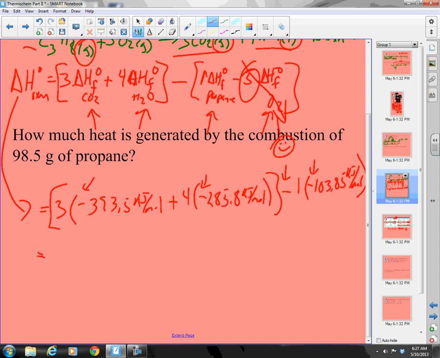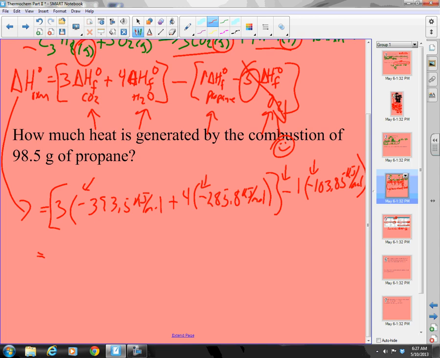This might be a little tedious, but it's certainly not hard. So 3 times negative 393.5, good. Plus 4 times negative 285.8. Cool. And I get negative 2,323. That makes sense to me.